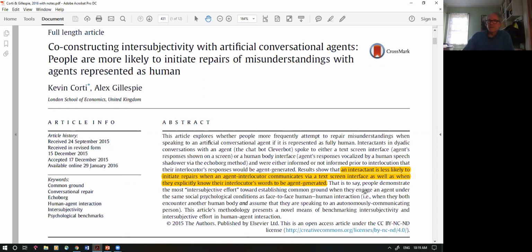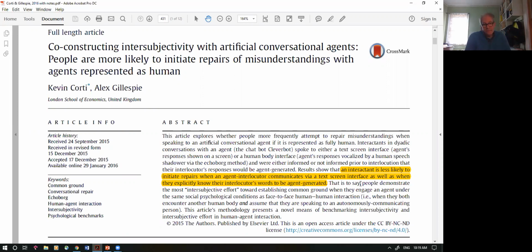So the findings in general: the interactant, that's the human person who's the research subject, is less likely to initiate repairs when the interlocutor, that's the person they're speaking to, communicates via the text screen, or when the interlocutor is known to be using words that are machine generated.